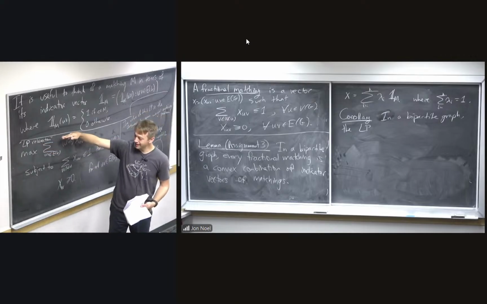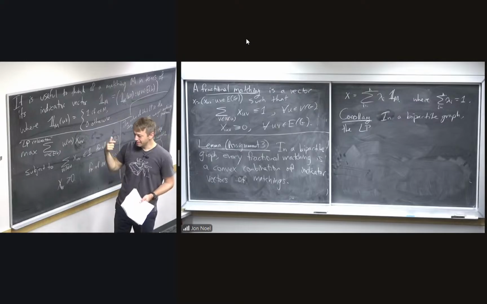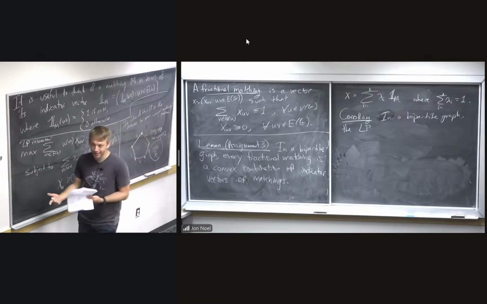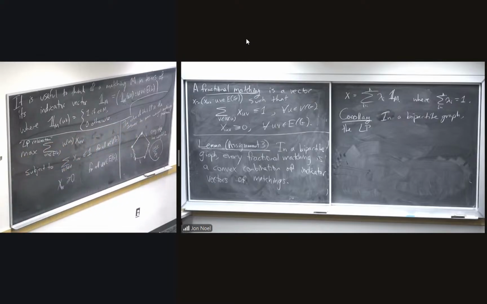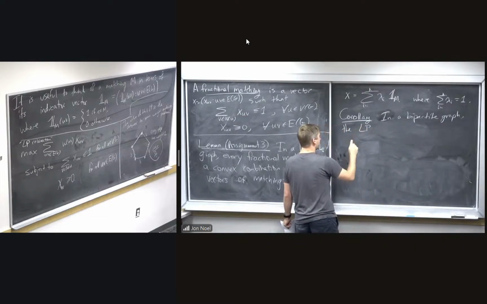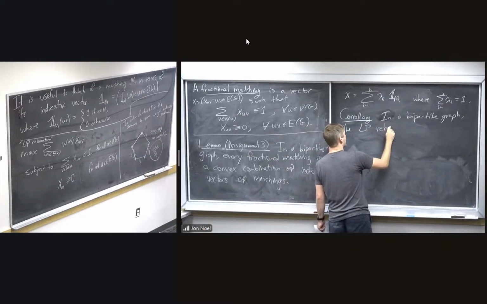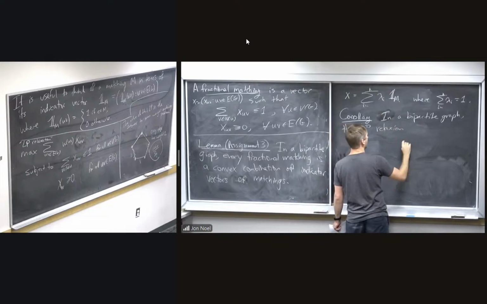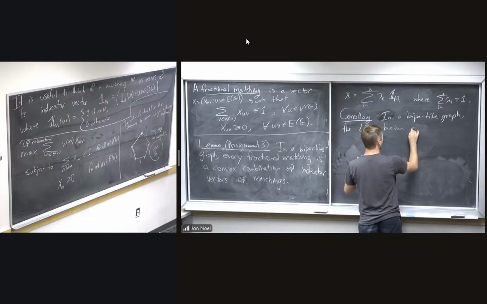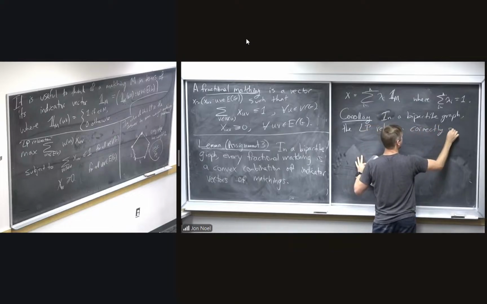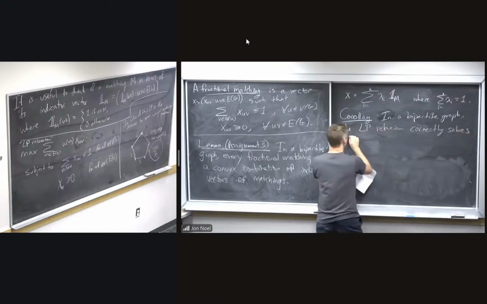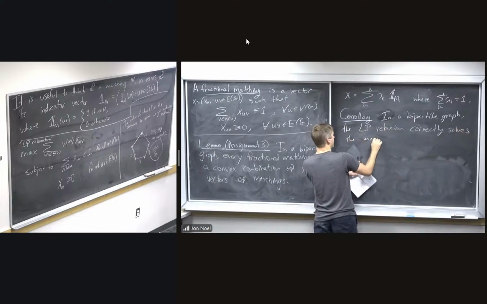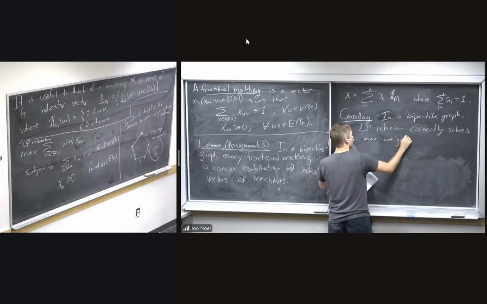It's a linear program which is basically solving the problem, except that it's allowing the variables to be rational, whereas in the original problem they shouldn't have been rational, right? They should be integer. So in a bipartite graph, the LP relaxation correctly solves the max weight matching problem.